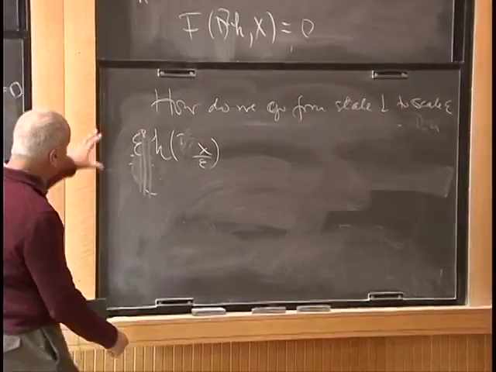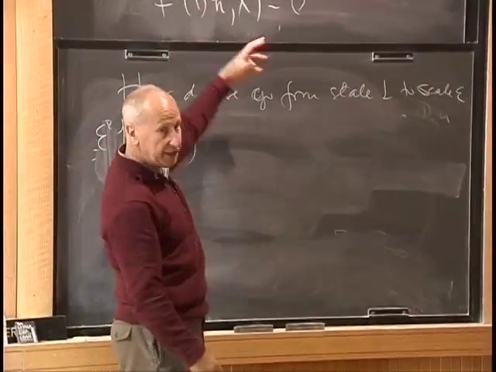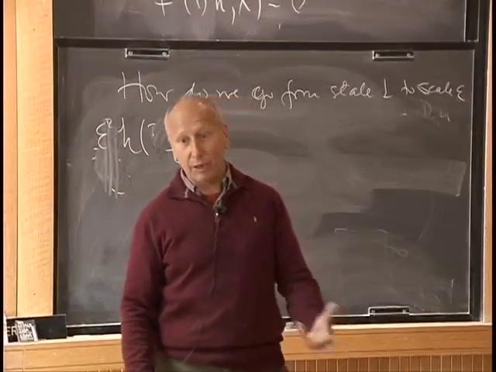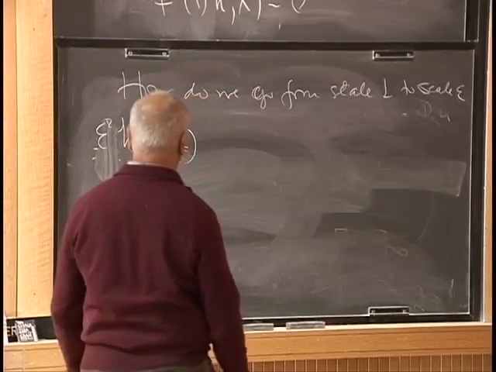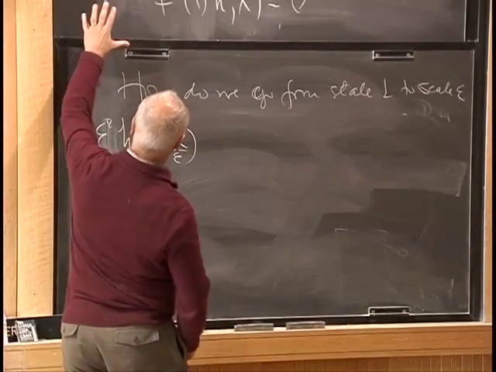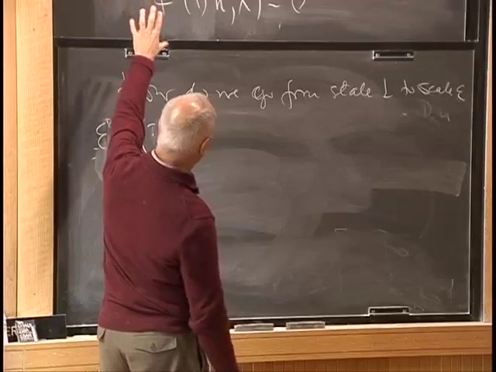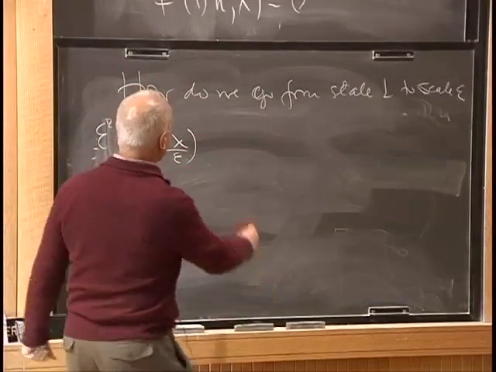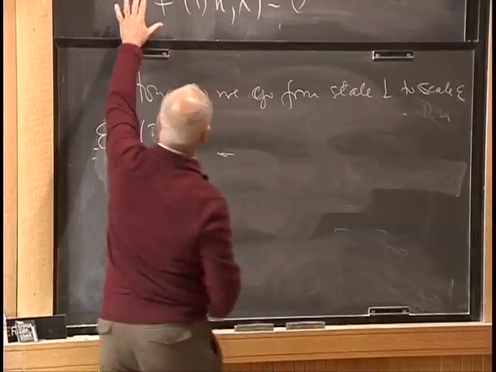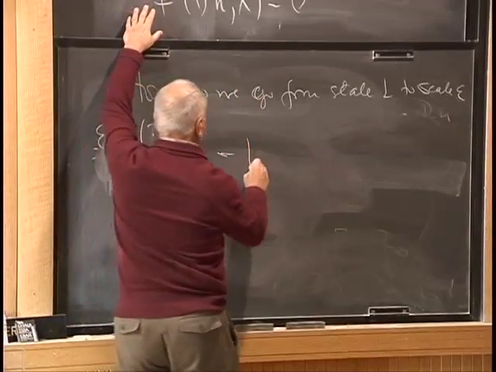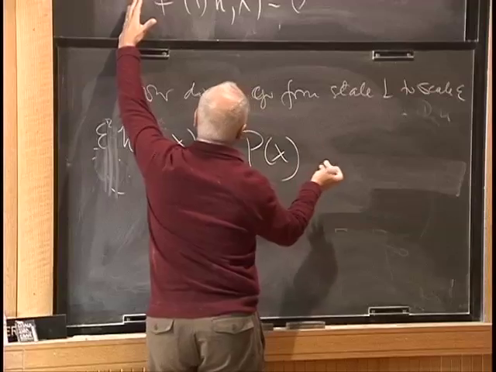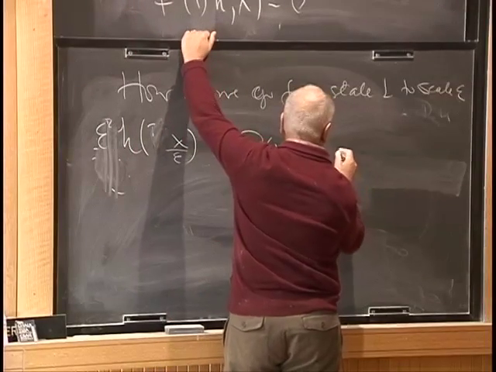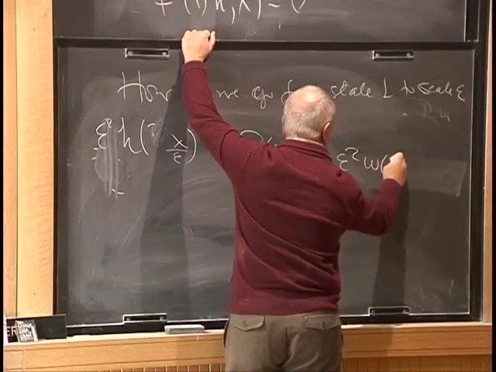The d square of this is the same as the d square of h, but now I'm evaluating it at x over epsilon. So if I want to pass from something of scale 1 to scale epsilon, I have to do this family of transformations. This family of transformations keeps the p the same, which is what I want, and the w becomes epsilon squared w of x over epsilon.